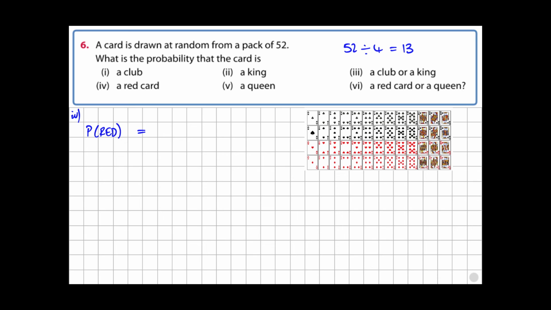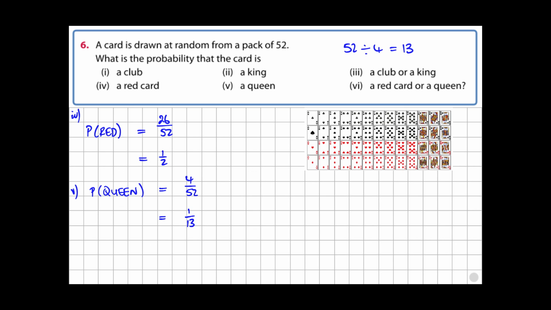So it's going to end up being a half, because it's going to be 26 out of 52, and that will simplify down to 1 over 2. For part 5, we have the probability of getting a queen. We've got 4 cards, so it'll be 4 out of 52, and 4 out of 52 simplifies down to 1 out of 13.